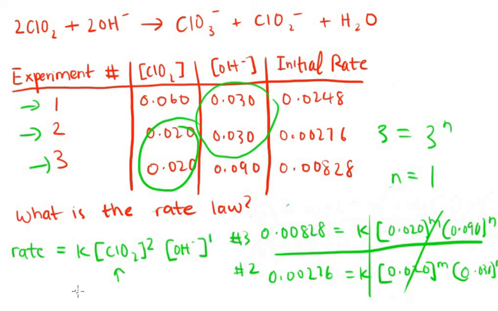So let's use experiment 1. We get k times 0.06 squared times 0.03 and we can solve for k. So I'm gonna do that right now.